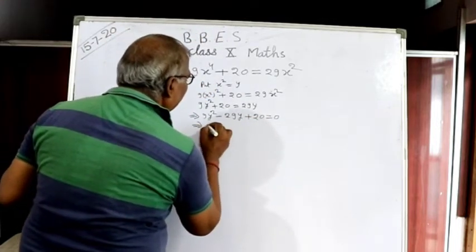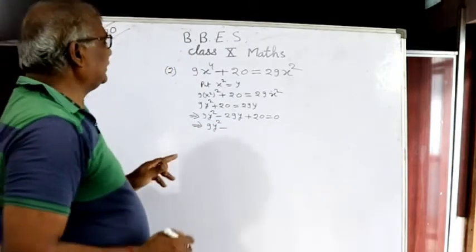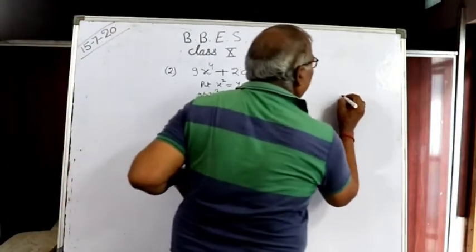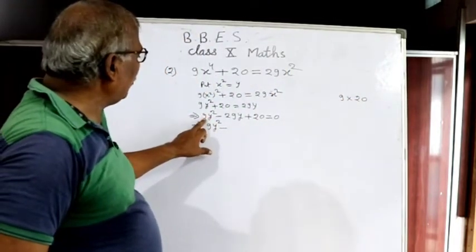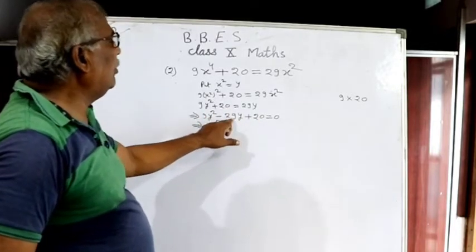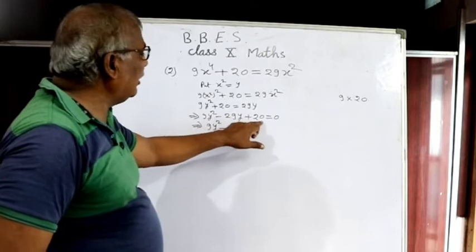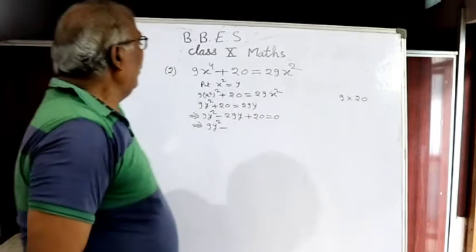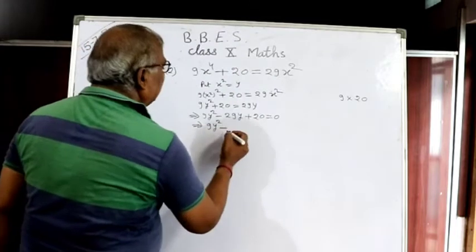Now we see here a is equal to 9 and c is equal to 20. A into c, 9 into 20. To split the middle term, first we will multiply the coefficient of y square with the constant, 9 into 20, and we see here 9 plus 20 is equal to 29.